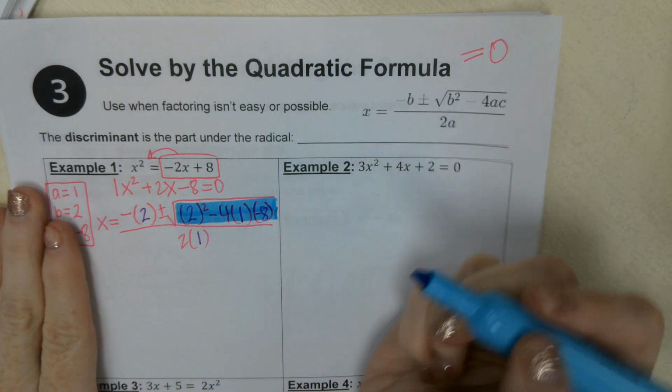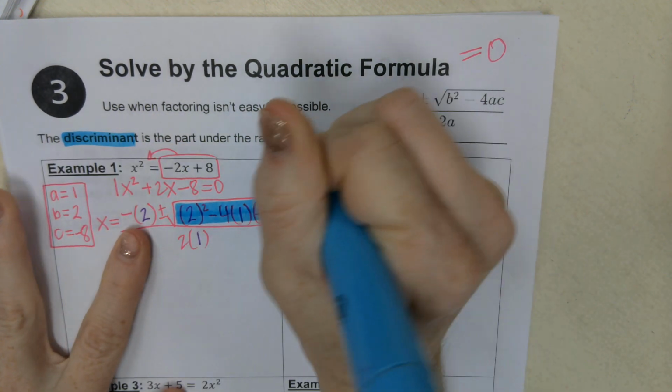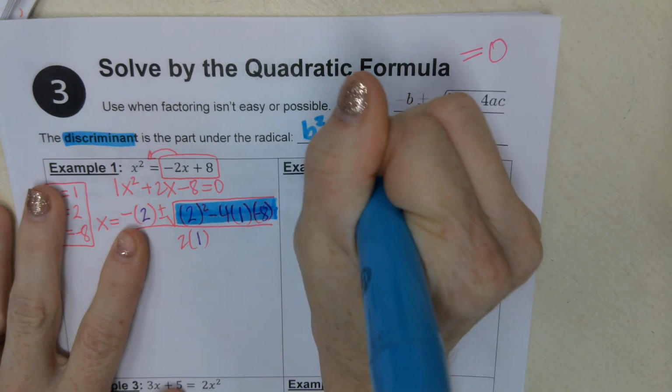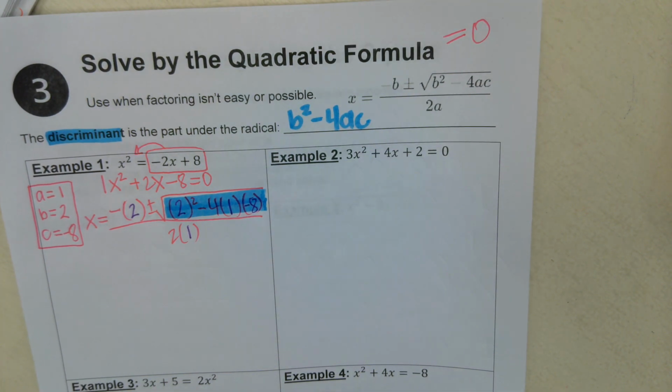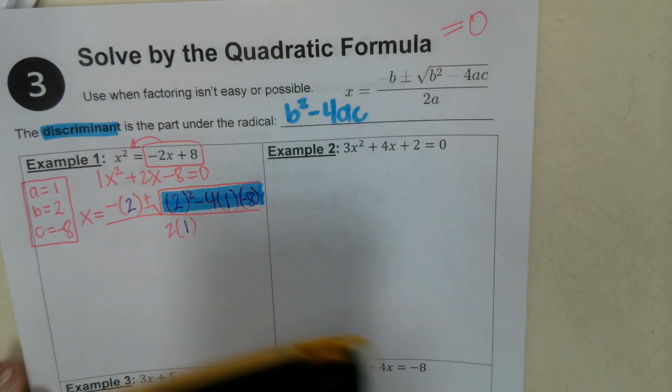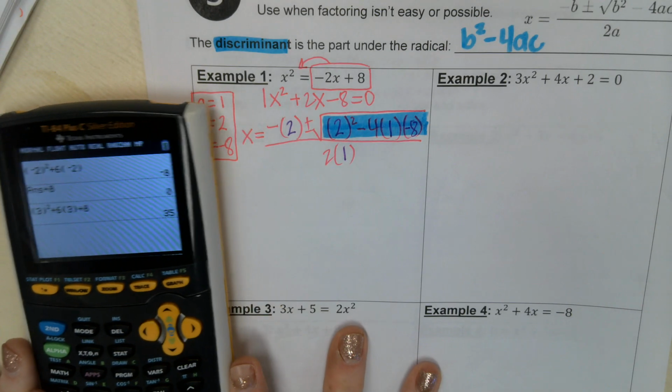Not the square root, but the stuff that's underneath. This is called the discriminant. That is the b squared minus 4ac part, okay? That is the part that is underneath the radical. And that is what I'm going to put in the calculator, okay?